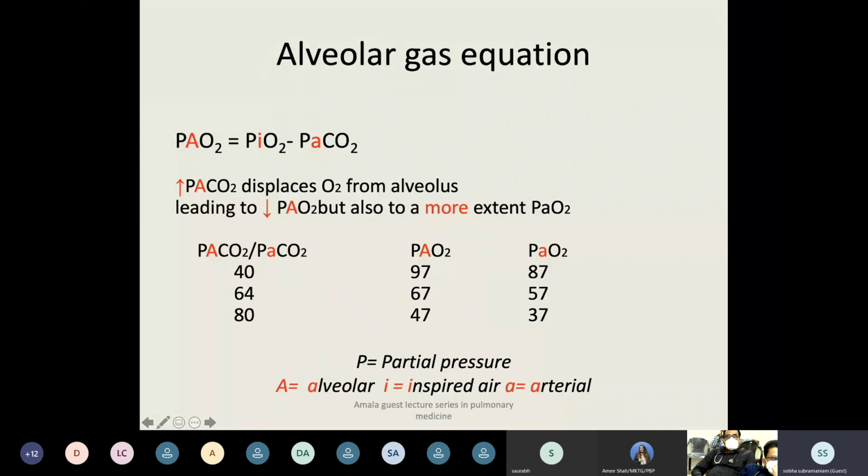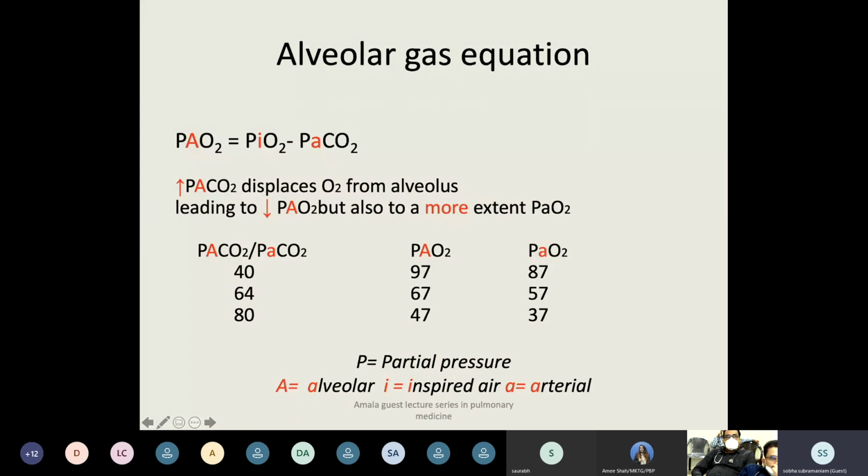So just imagine an enclosed space as the alveoli. If your PaCO2 goes from 40 to 80, look at what happens to the alveolar oxygen. From 97, it goes down to 47, because the sum of 80 plus 47 should be a constant thing.